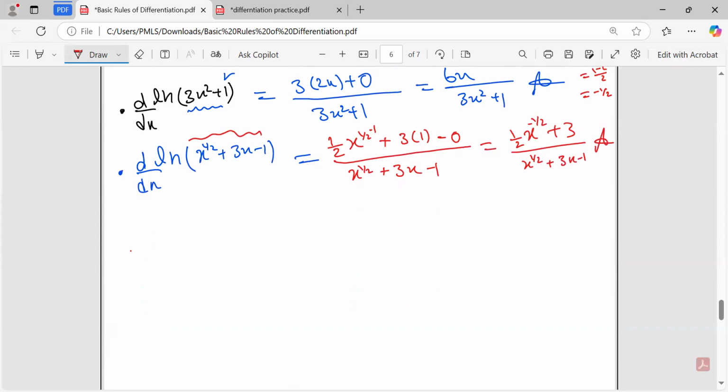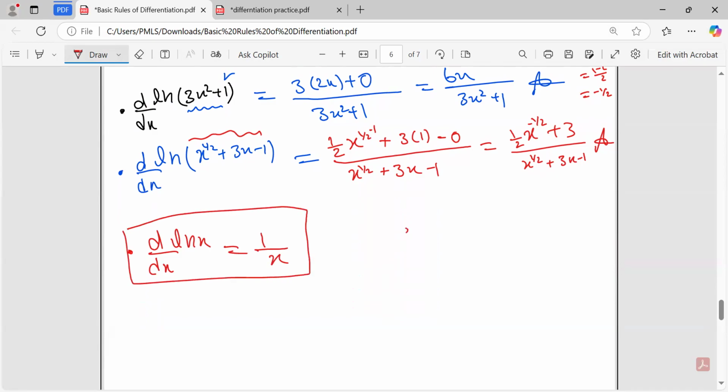And this is very important. Keep in mind, if you take the derivative of ln of x, we know that it will be 1 over x. But if you need to find the derivative of log base a of x, that will be equal to 1 over x times ln of a.